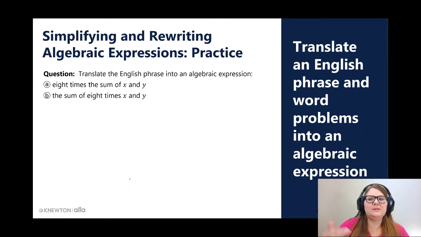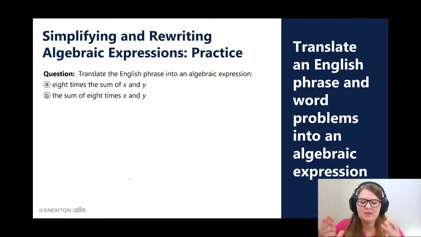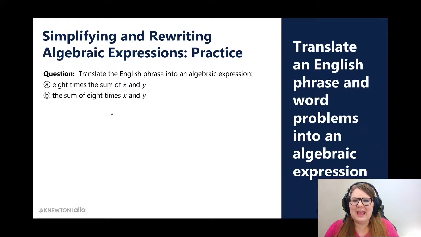All right, what about the sum of 8 times x and y? How does that read? Let's read it again. The sum, then we have a preposition, of. The things that come directly after that are part of the sum. So the sum of 8 times x. That tells us this is what's part of the sum.